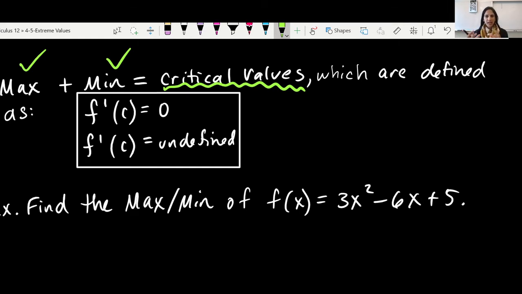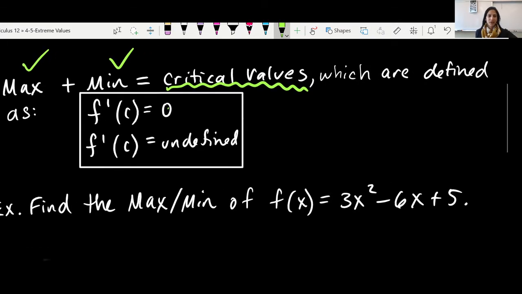And tying that in with the stuff that we've now learned, we know that those occur when our first derivative is equal to 0, or when our first derivative is undefined. So again, in this chapter, I told you last day, there's a lot of vocabulary and new concepts to memorize or to learn or to know, and this is another one of them. So know what critical values are and how to find them.